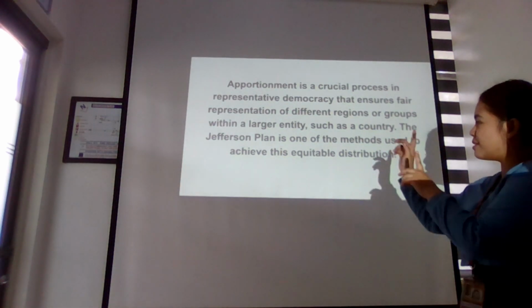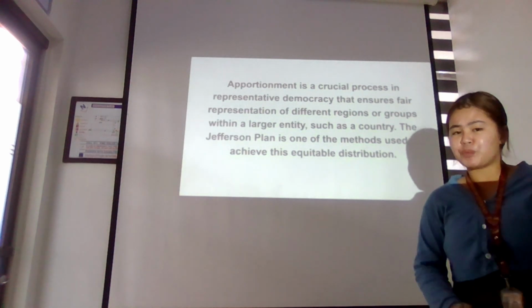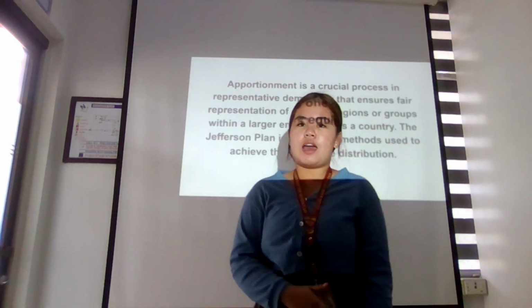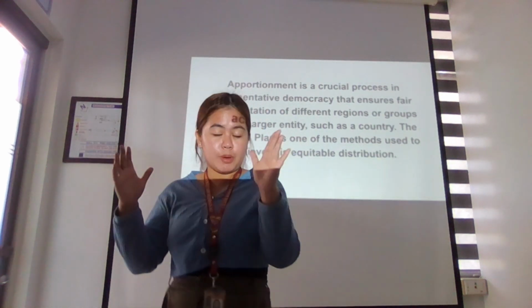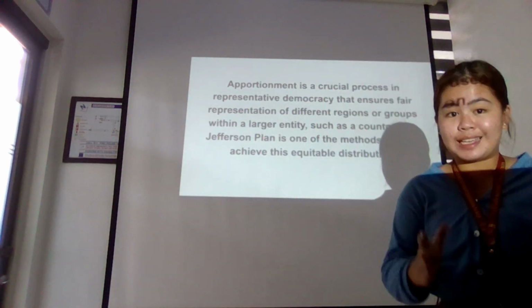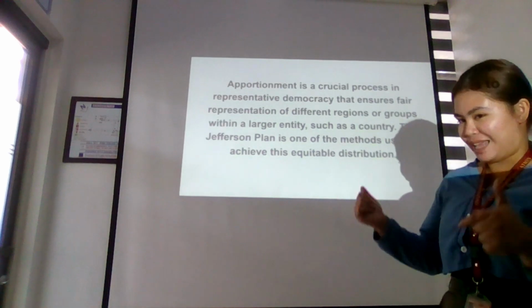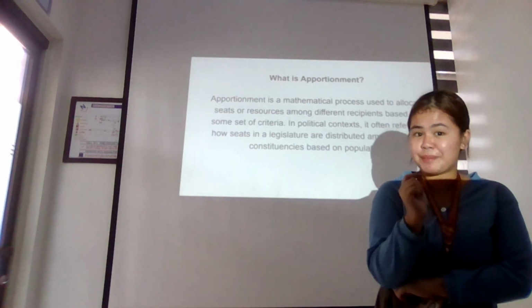So the Jefferson Plan is one of the methods used to achieve this equitable distribution. Because the Philippines is a democratic country, those House of Representatives are chosen by the use of this method, the Jefferson Plan. So, what about in the context of mathematics?